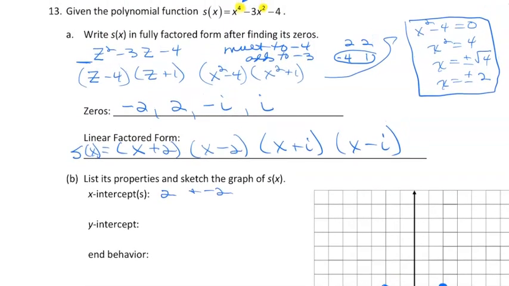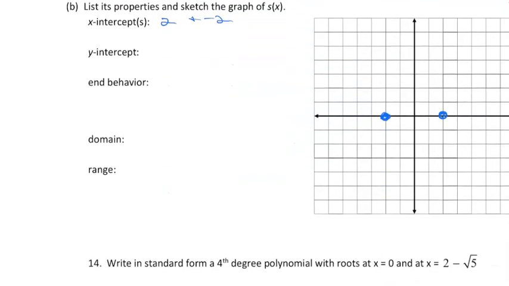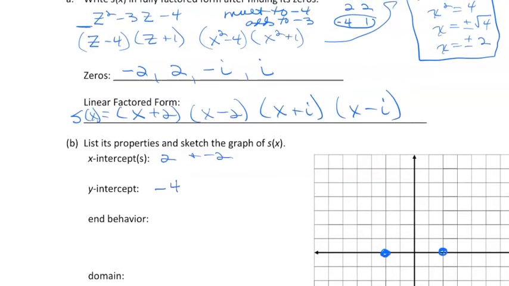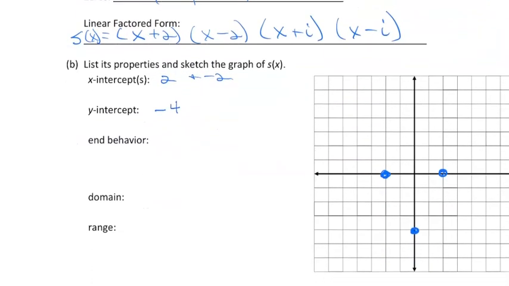The y-intercept, because I have this form, is the gift. It's at negative 4. So 1, 2, 3, 4, there it is. The end behavior, it's a positive function, so what I'm going to think about is up, up. That is just a reminder. That just tells me my function is going to look like this.